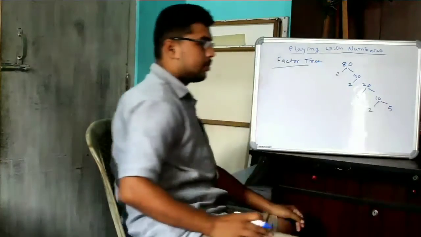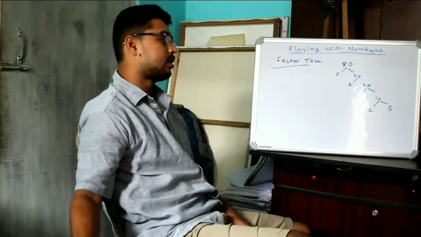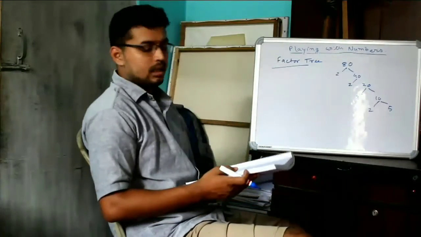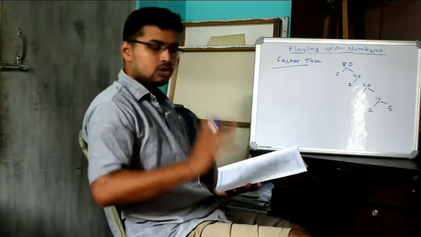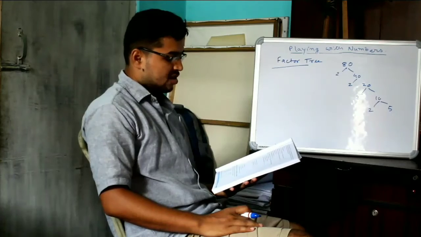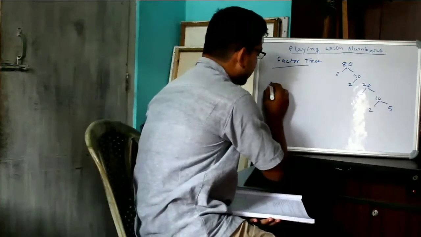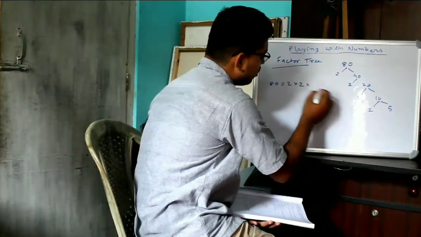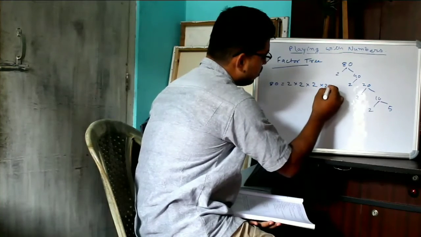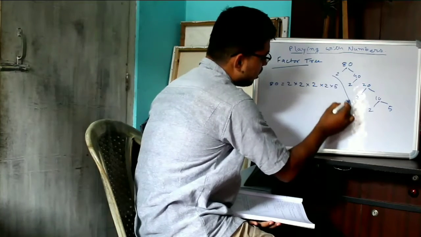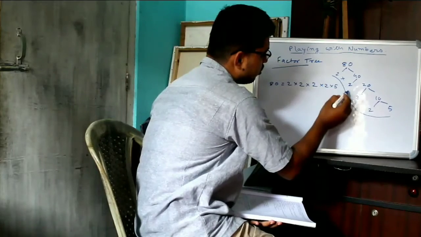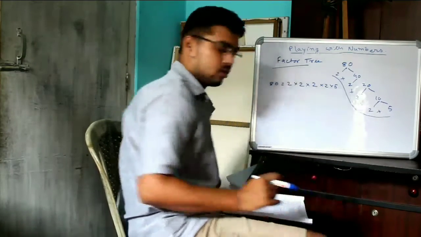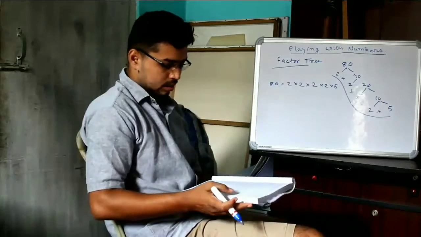Here 2 and 5 are prime numbers, so we can't factorize them further. This is the final result. So 80 equals 2 into 2 into 2 into 2 into 5. This is the factor tree.